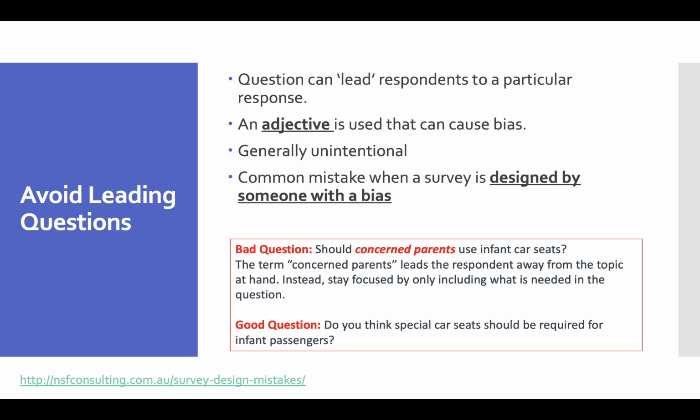The first is a bad question. Should concerned parents use infant car seats? In this case, what parent isn't going to be concerned? So if I am given the word concerned, and I'm not believing in car seats, what does that make me look like, right? Like a bad parent.